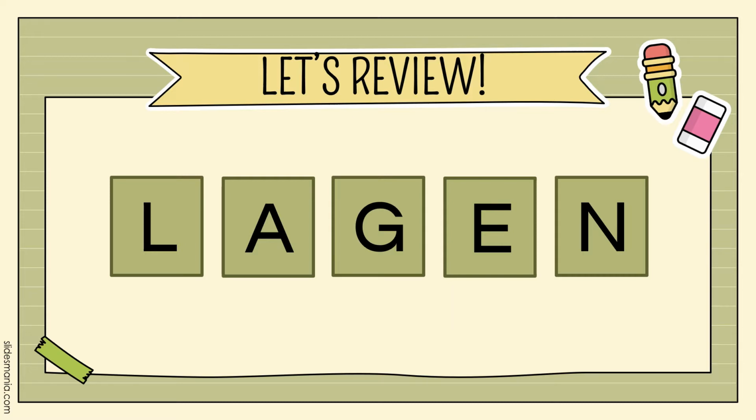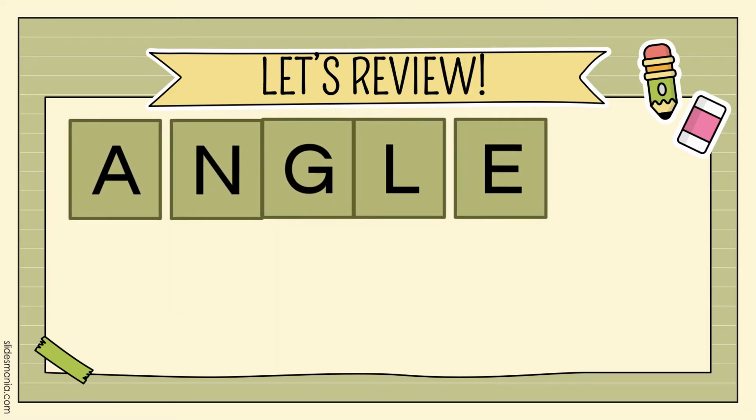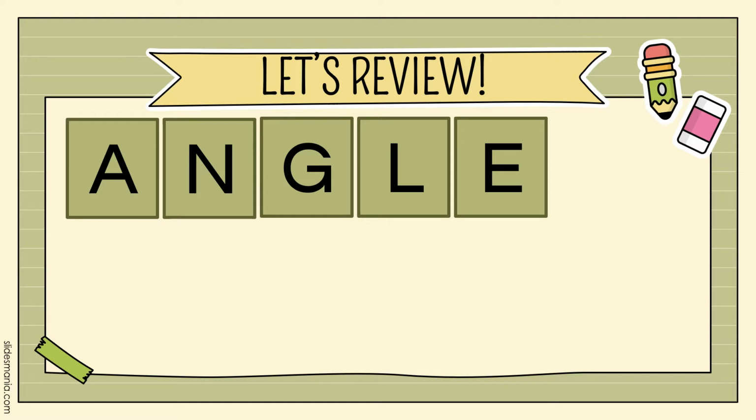Okay, time's up. So if your answer is angle, you are correct. So angle, what is an angle? Sometimes they are reading it as angel, but you can read it whatever you want, but please be careful with the spelling.